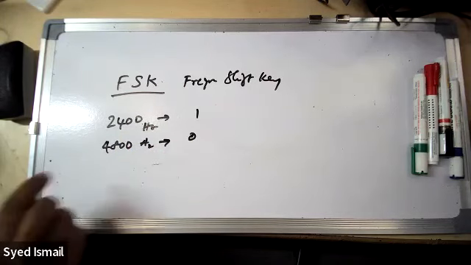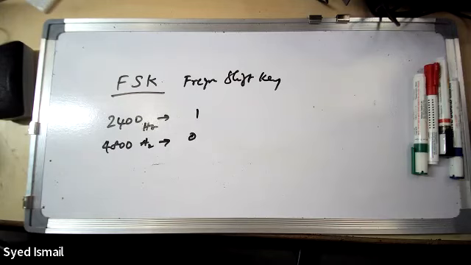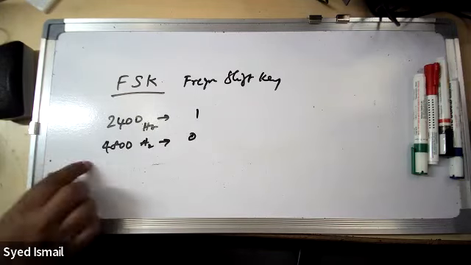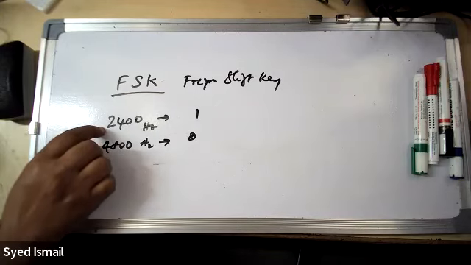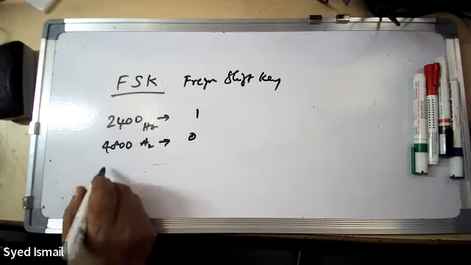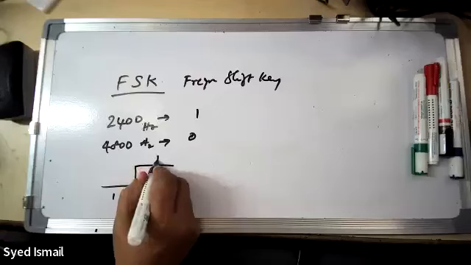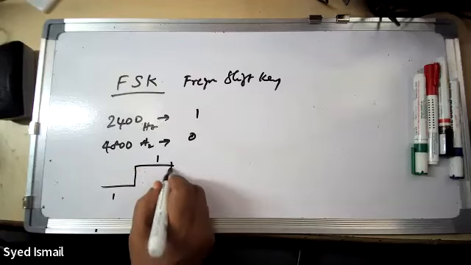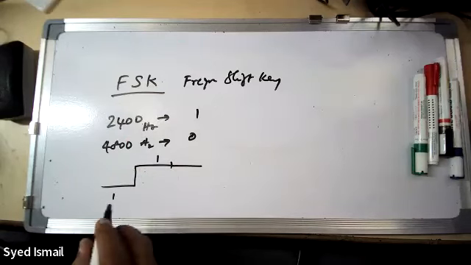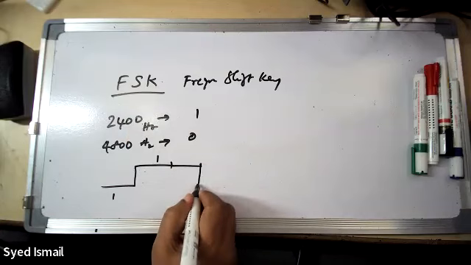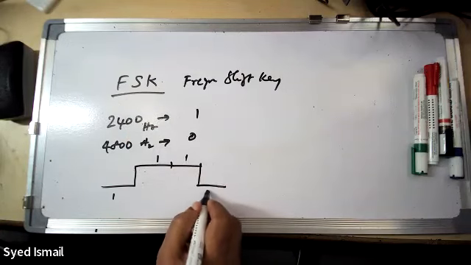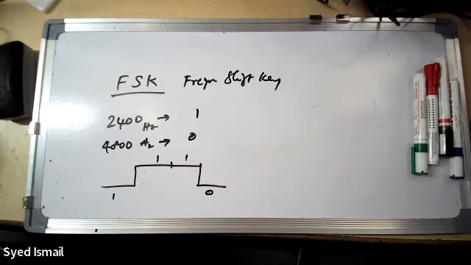So they will give 4800 for, for example, 1 second, and another second they give 2400. So 1 second it will be 0, another second will be 1. Then again they give, assume, 2400 hertz, 1 again, and again 0. This is how data was transmitted.